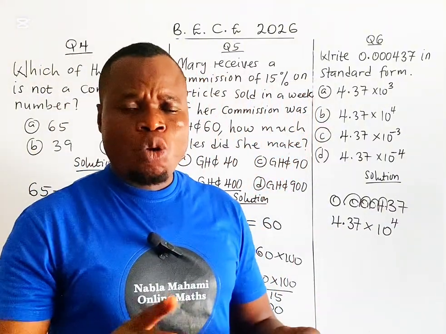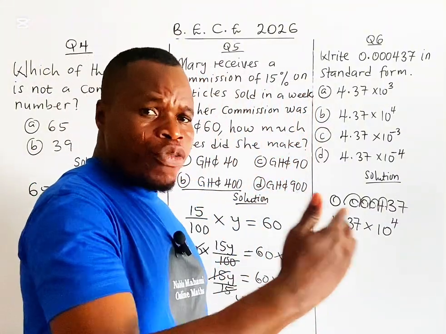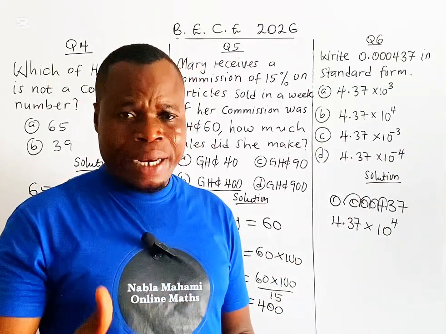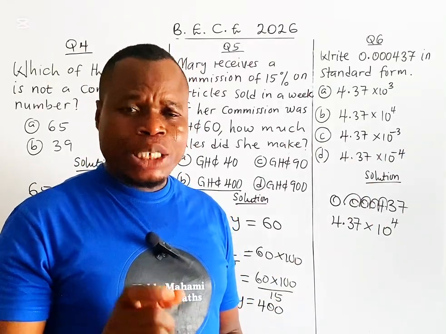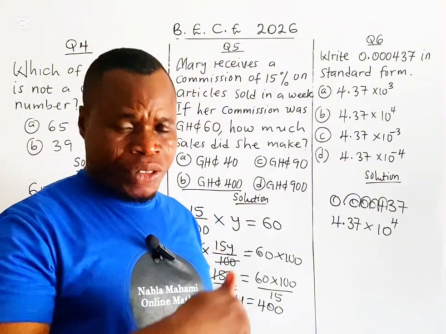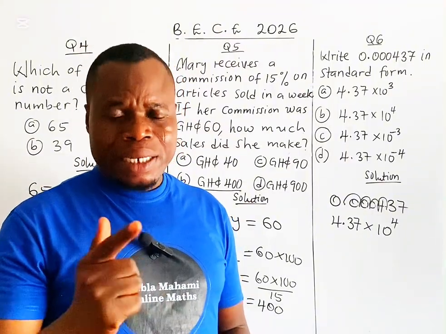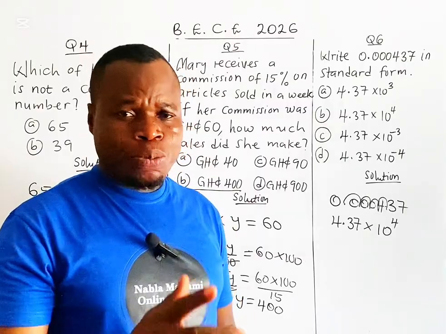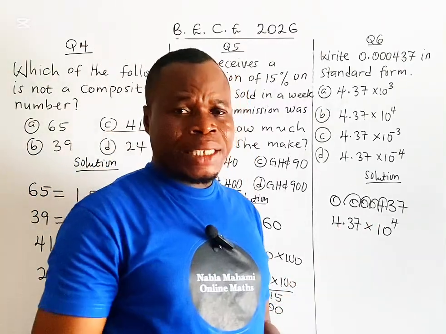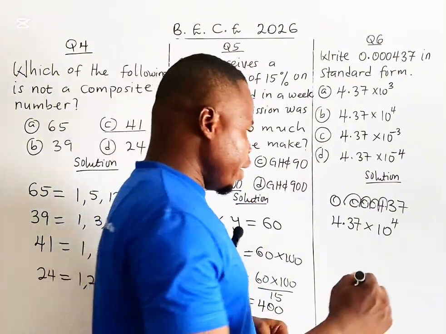But now you have to obey the rules. When you are moving the point to the right, it means that you are increasing the number, and that means that the exponent or the power will be negative. But if you are moving the point to the left, it means that you are decreasing the number and the power or exponent will be positive. So this one, since we are moving it to the right, the exponent will be negative.